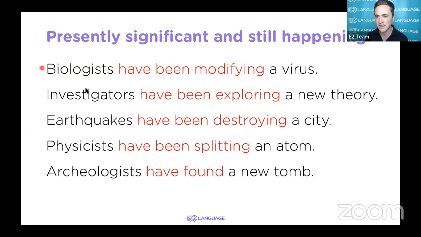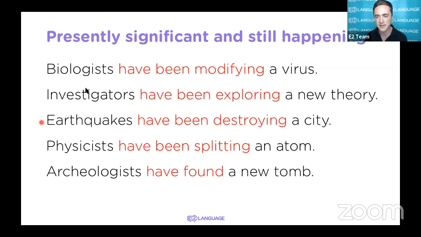Biologists have been modifying a virus. So it's presently significant. They've been doing it for who knows how long, maybe two days, maybe two weeks. I'm not sure how long, but they're still doing it. So biologists have been modifying a virus for the past two weeks. Investigators have been exploring a new theory for the past 200 years or whatever, I don't know.